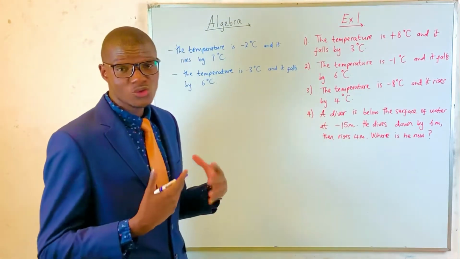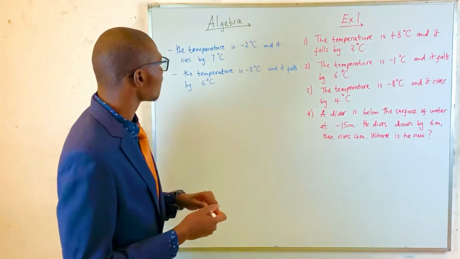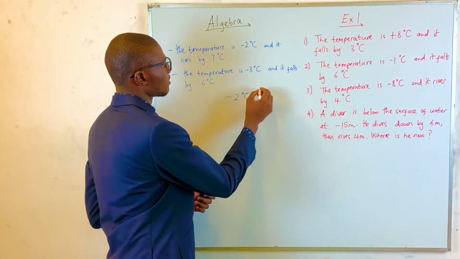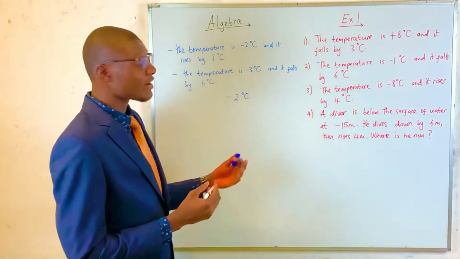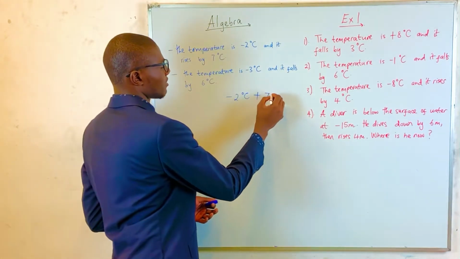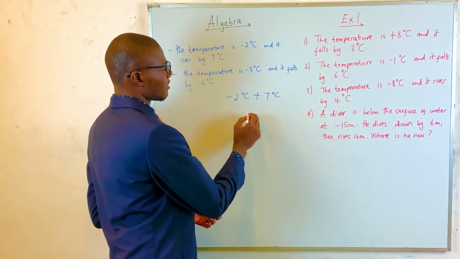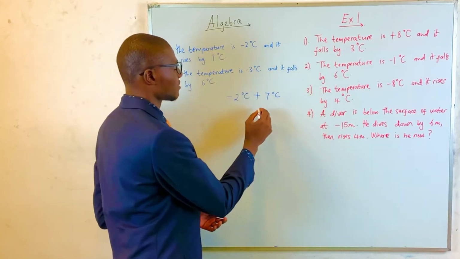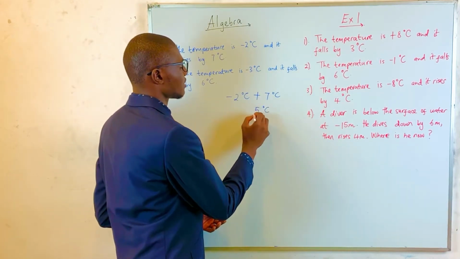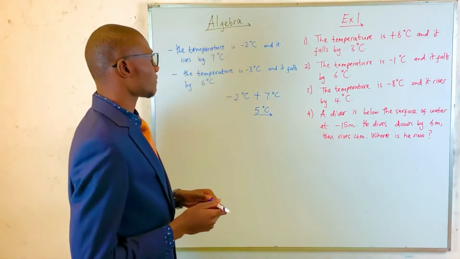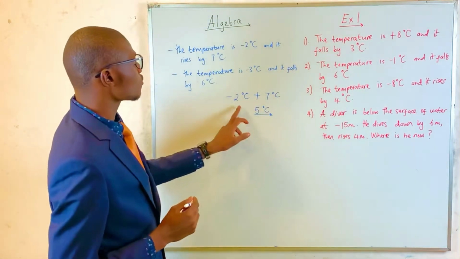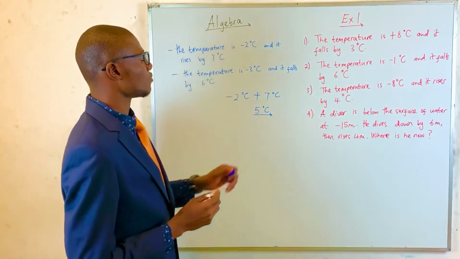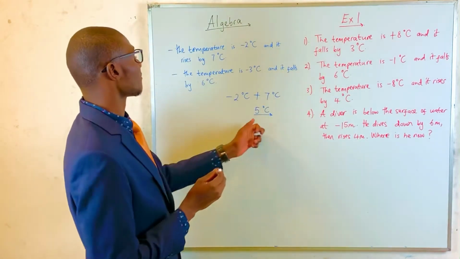To find the new temperature, we would say minus 2 degrees Celsius, and since this is a rise, plus 7 degrees Celsius. This gives us a positive 5 degrees Celsius, which you can just write as 5 degrees Celsius, because minus 2 plus 7 is the same as 7 minus 2, which gives us 5.